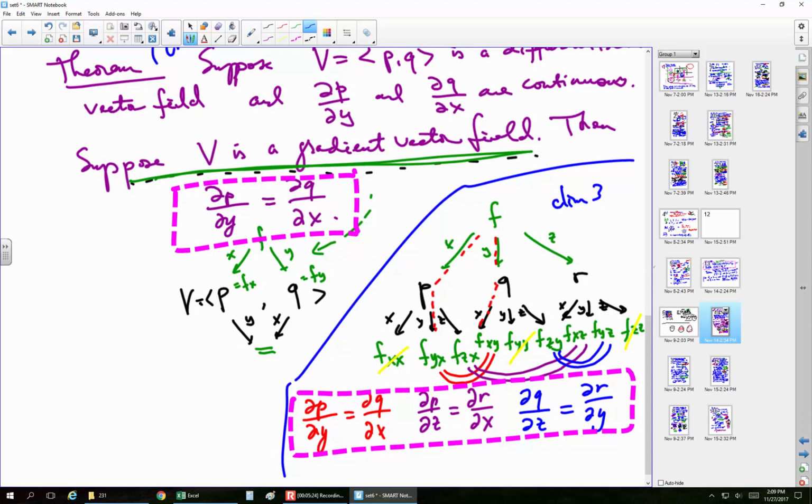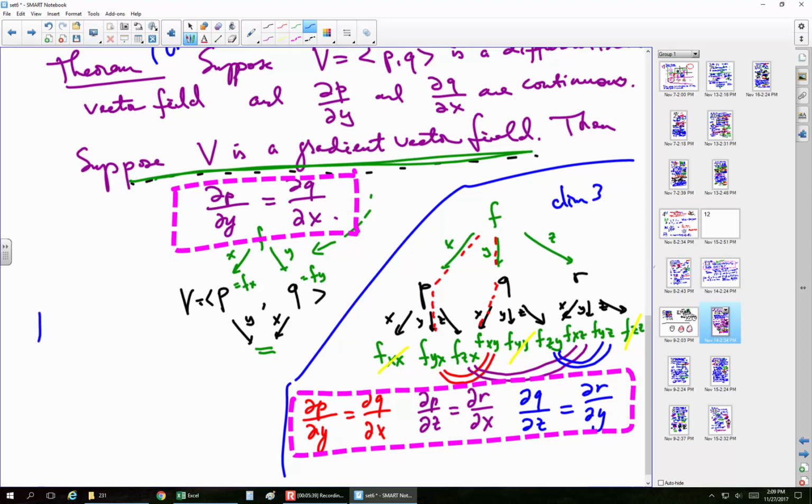But at least for the near future, I want to use this and define a concept that measures how close the vector field is to being gradient. That is simply the difference of these two.